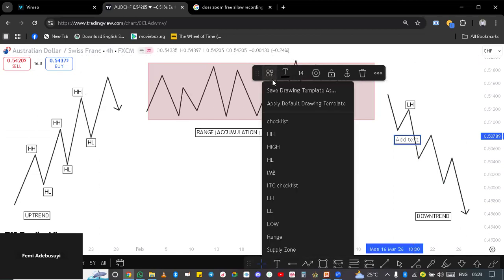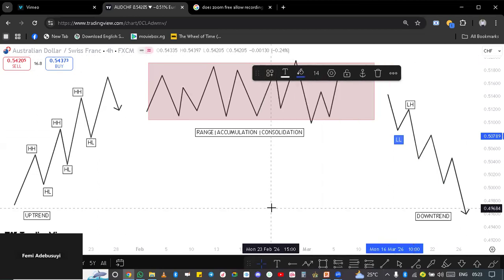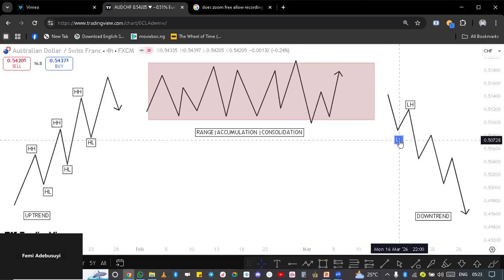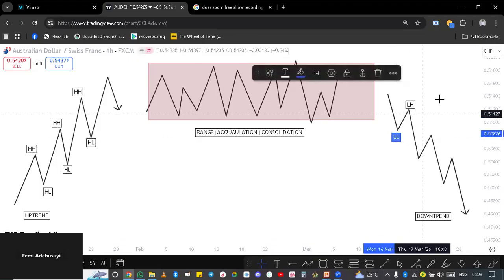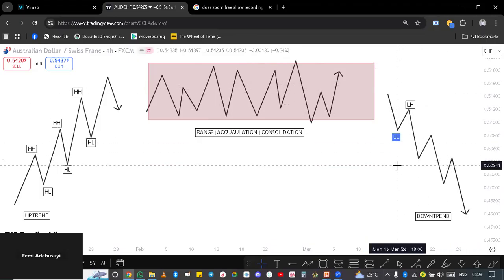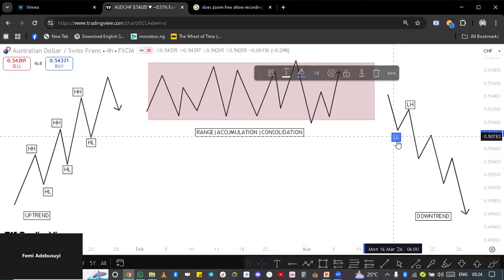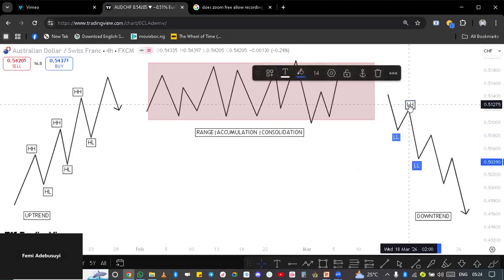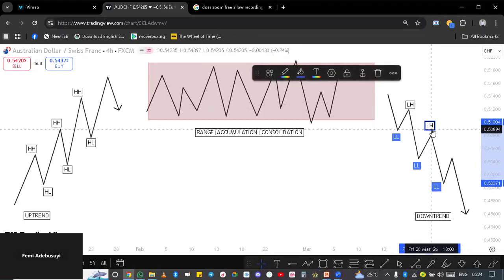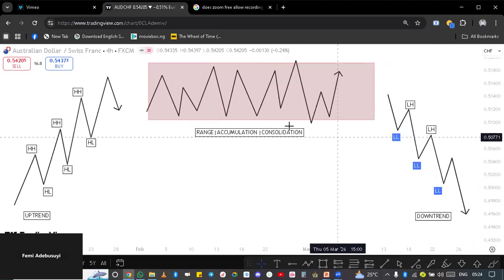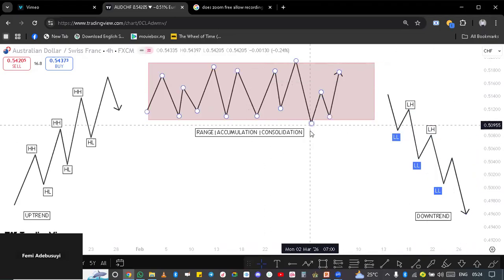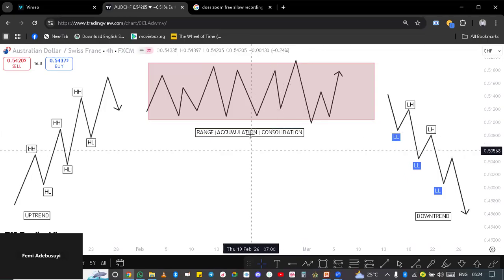So whenever you see lower highs, lower lows, lower highs, if what is being printed is this, we want to continue or stay, so to say, in a sell. We want to look for opportunities for us to sell.